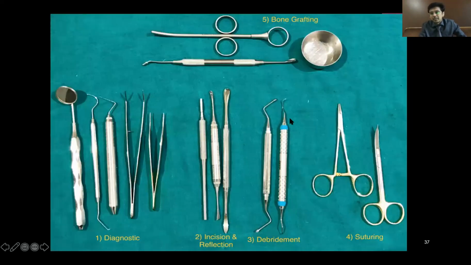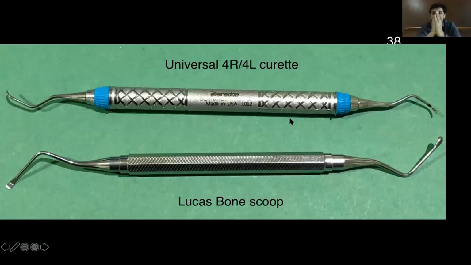Now we have debridement instruments. Trust me, once we have raised the flap, even with regard to delayed implant cases, many a times tissue remnants which are there don't come out that easily. And suppose you have placed an implant and you wish to do bone grafting around the implant, all the remaining tissue tags have to be removed.